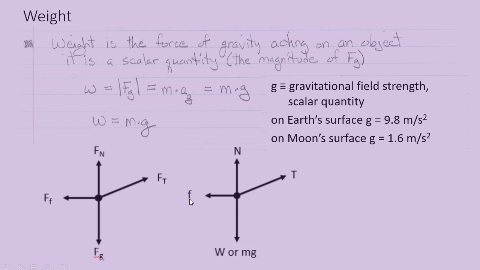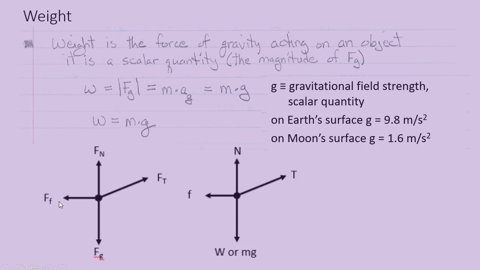You're going to see lowercase f for friction, capital T for the tension force, capital N for the normal force, and W, or sometimes you'll see the expression m times g, meaning the force of gravity. Okay, so don't be thrown off by those symbols.